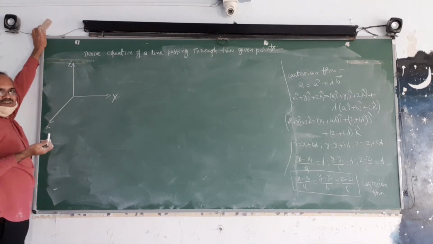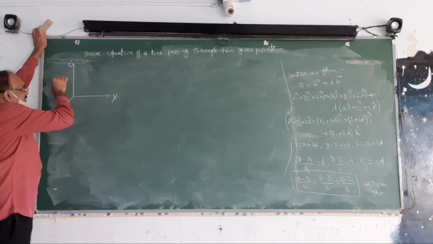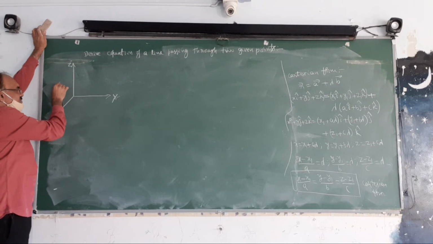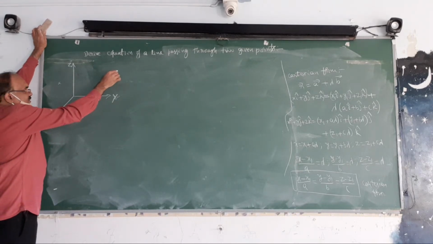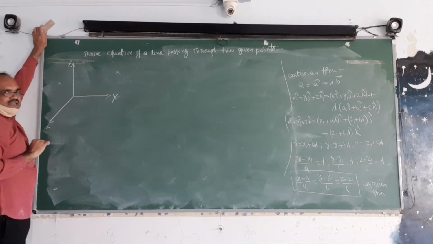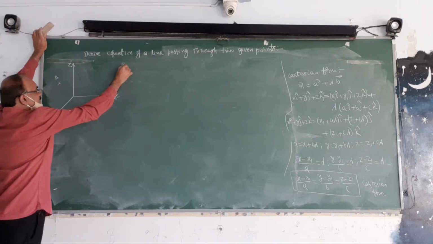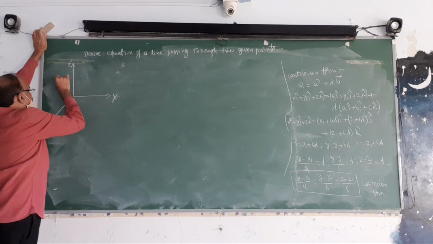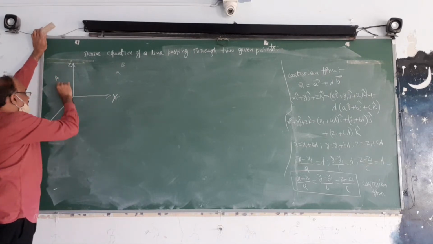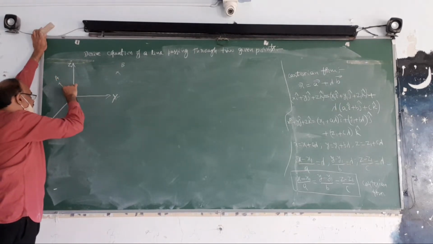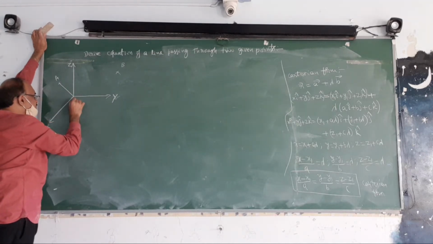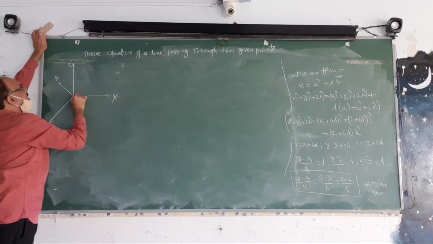Wherever you take, it doesn't matter. I'll take it like this so that when you are referring to the book, you get a similar thing. So point A here, point B here. 2 are given. So what does it mean? Position vector is given. That is OA is given. This is O, the origin. OB is given.